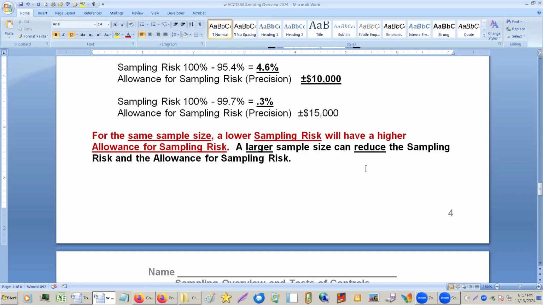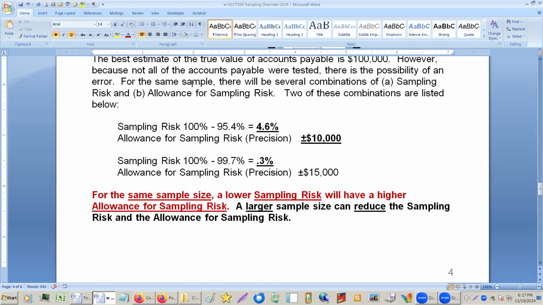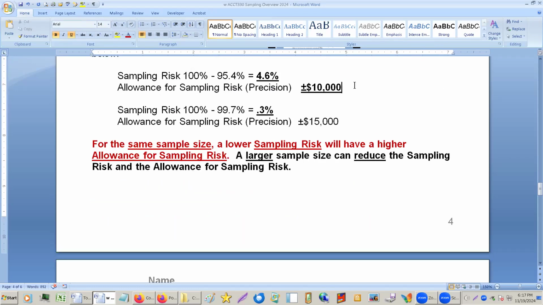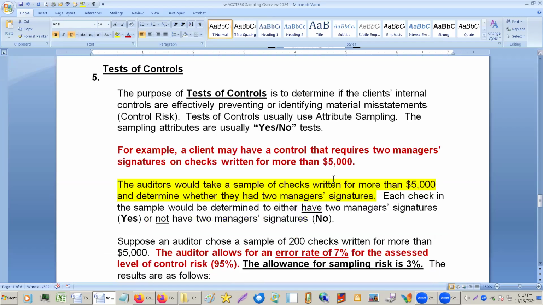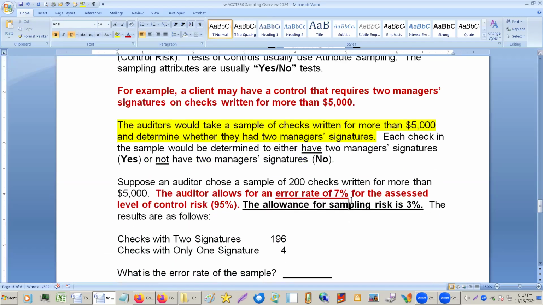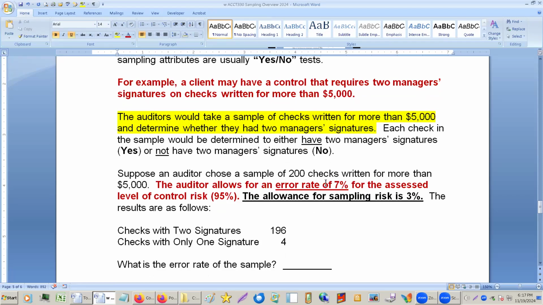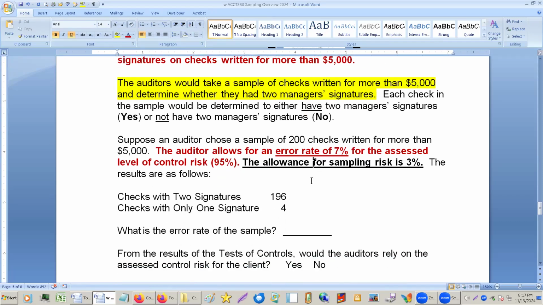That's the allowance, so they'll actually give you that number. They're probably not going to give you the standard deviations or anything like that. But they'll say, here's your allowance for sampling risk. For this one at 95%, it's 10,000. For this one down here, for the 95%, the allowance for sampling risk is 3%.